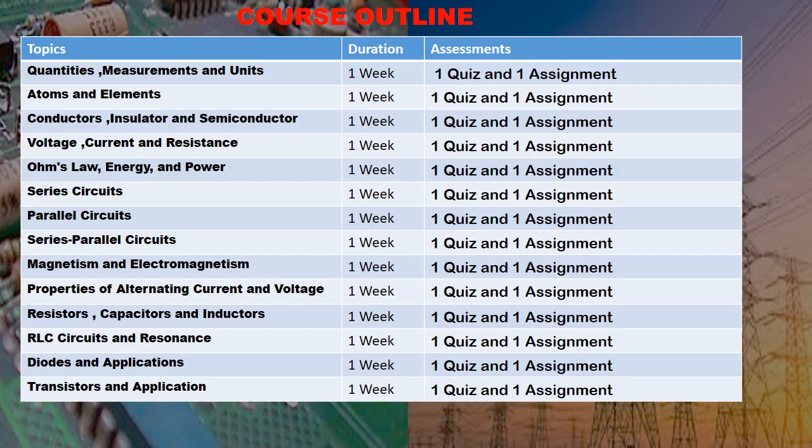Okay, the second topic is atoms and elements. Third one is conductors, insulators, and semiconductors. Voltage, current, and resistance is the fourth one. The fifth one is Ohm's law, energy and power. And then we have series circuits, parallel circuits, series parallel circuits, magnetism and electromagnetism, properties of alternating current and voltage, resistors, capacitors and inductors, RLC circuits and resonance.